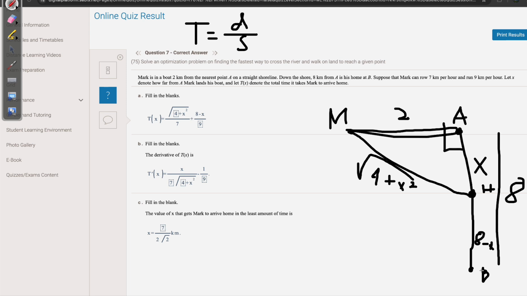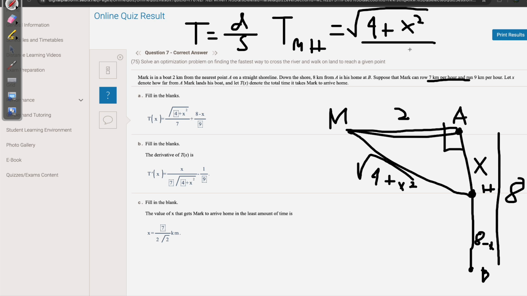Okay. So as we can see here, suppose that Mark can row 7 kilometers per hour. This is the speed of the rowing. So the time from M to H is the distance, which is radical 4 plus x squared over the speed, which is 7. Okay. And he can run 9 kilometers per hour.